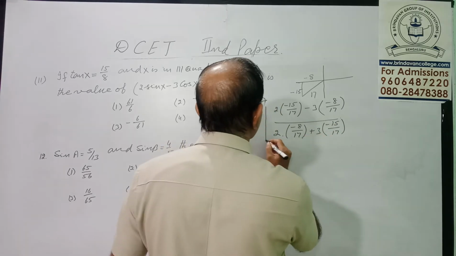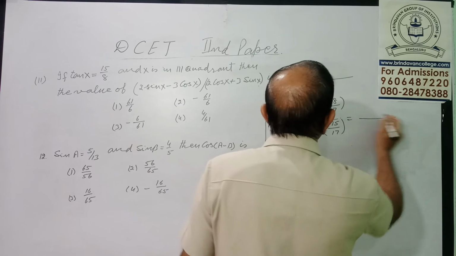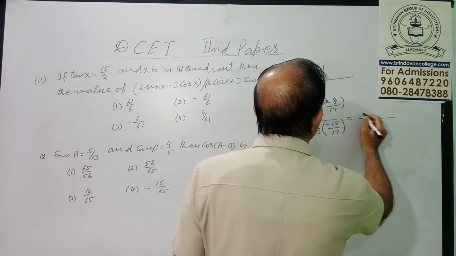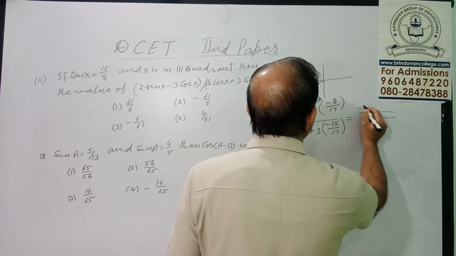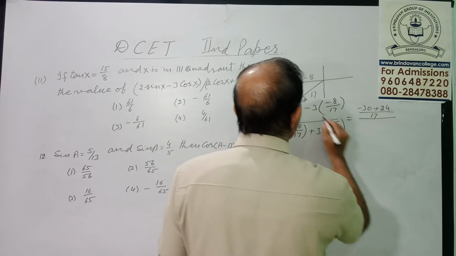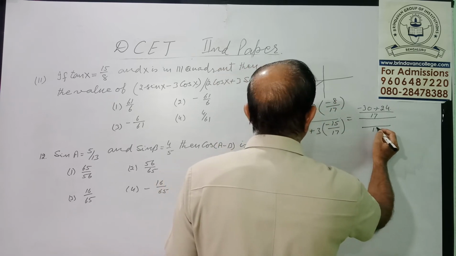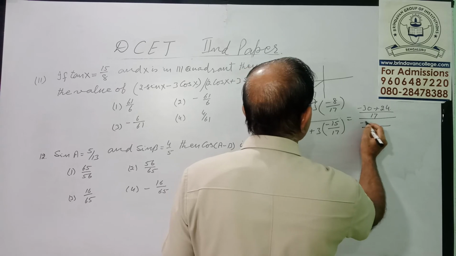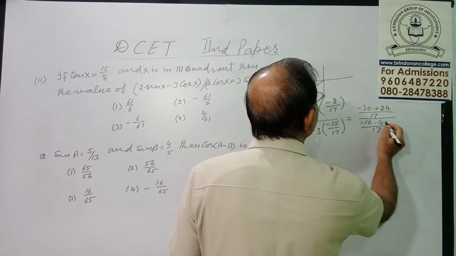So like that directly you can write, and then see here in the numerator we will get 17 LCM, minus 30 plus 24, minus 3 and minus 8. 17 LCM, here we will get minus 16 and minus 45.